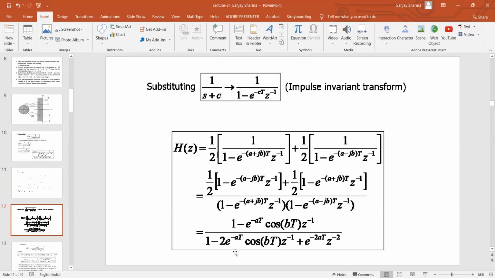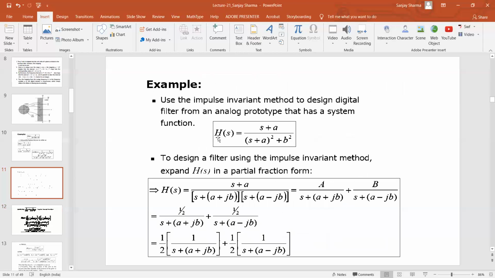So this is the digital equivalent of the IIR filter, for the analog filter with (s plus a) whole square plus b square. This is how you use the impulse invariant method to convert an analog filter to a digital filter.